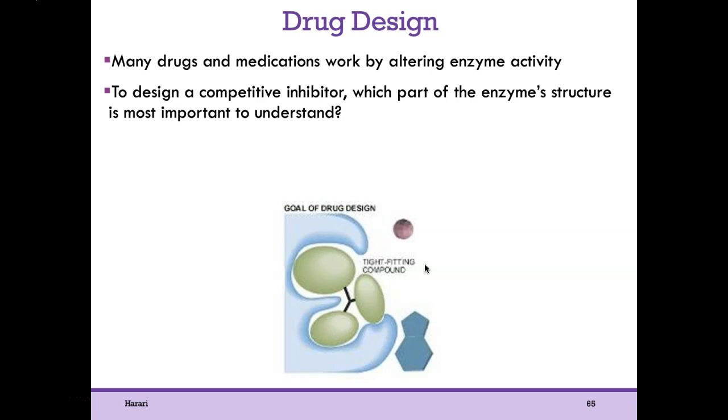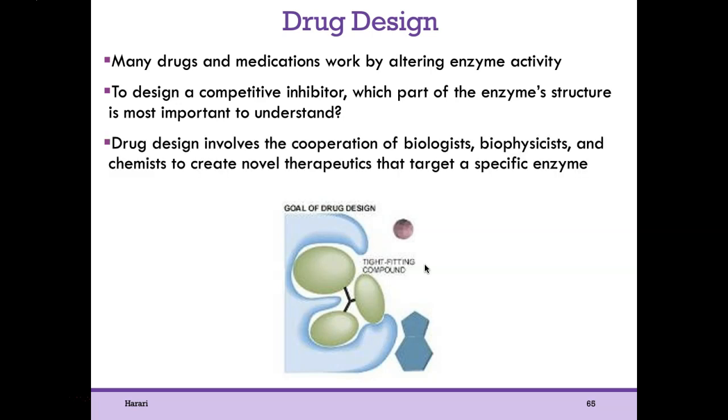It'd probably be the active site, right? So if I understand the active site of an enzyme that's involved in a disease, then maybe I can work with chemists to design a chemical that will bind to that active site specifically and prevent it from working. This way I can cure cancer that way.